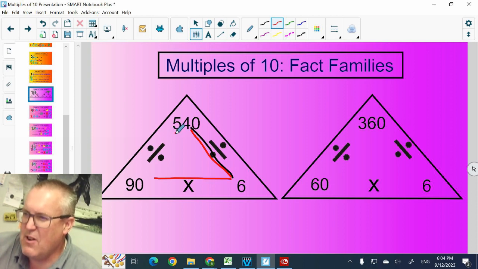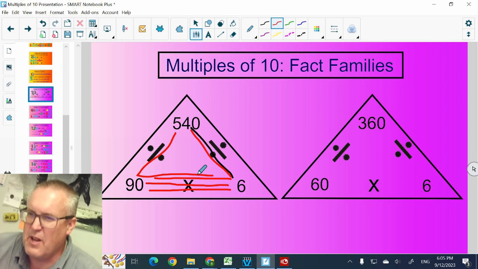Or you can say 540 divided by 90 equals 6. Or you can say 90 times 6 equals 540, or 6 times 90 equals 540.